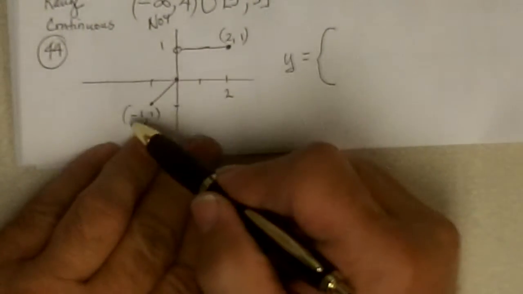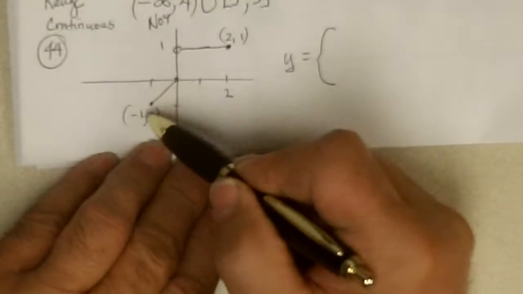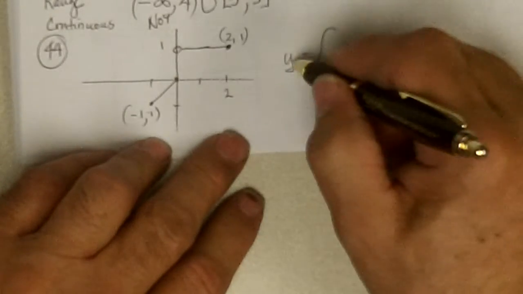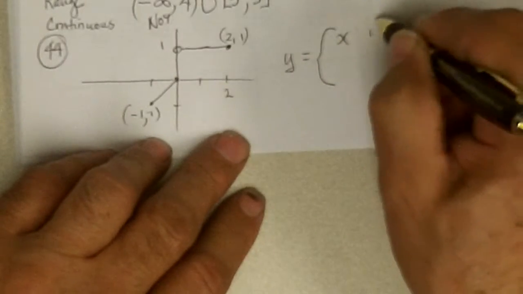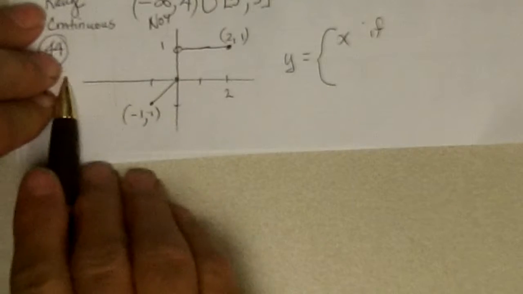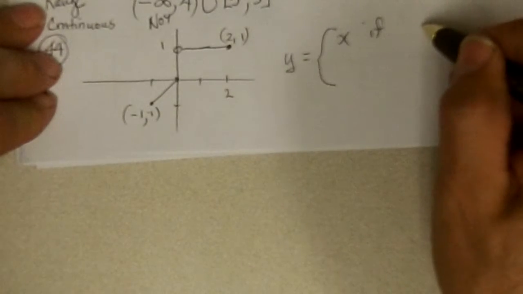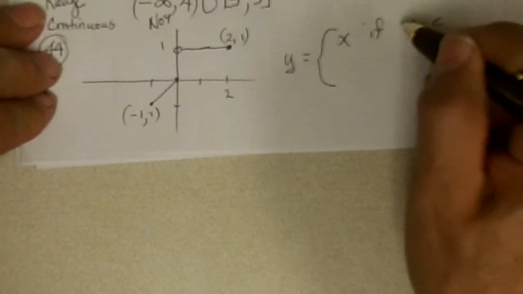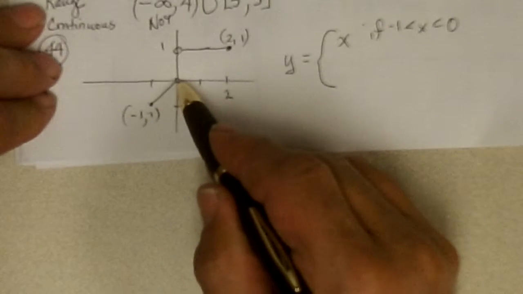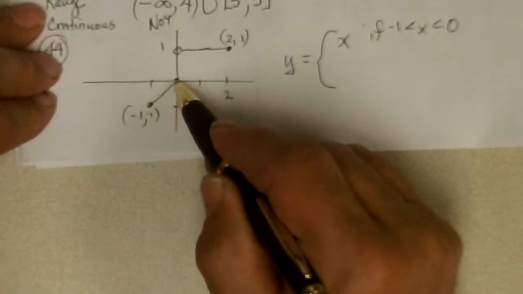And now we're supposed to write an equation for this one. Well, here looks like y equals x, -1, -1, 0, 0, 1, 1, 2, 2, y equals x. Y equals x if we're on the interval when x is from -1 to 0, x direction. We always do that. So x is between -1 and 0, including the -1 because it's solid, and at 0.